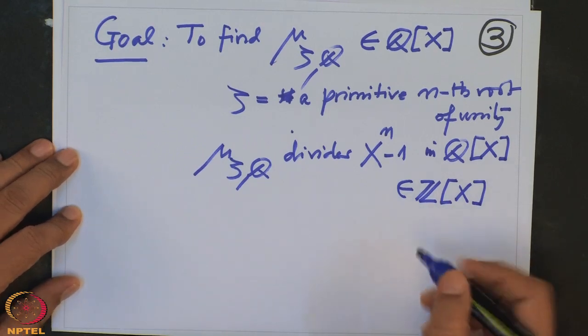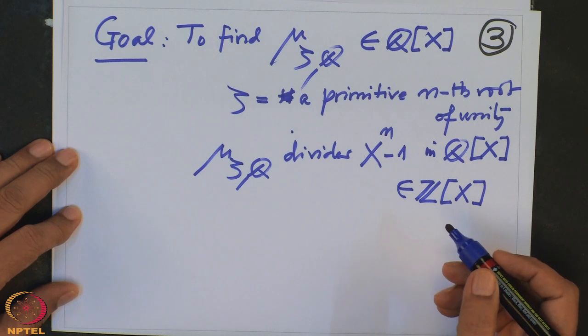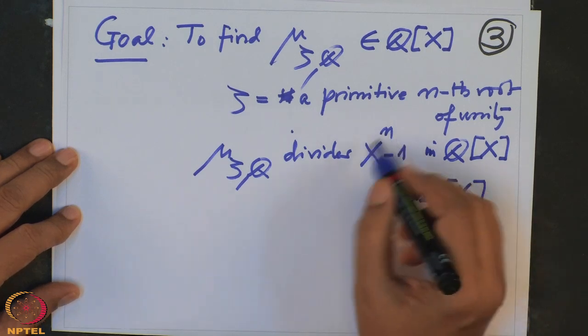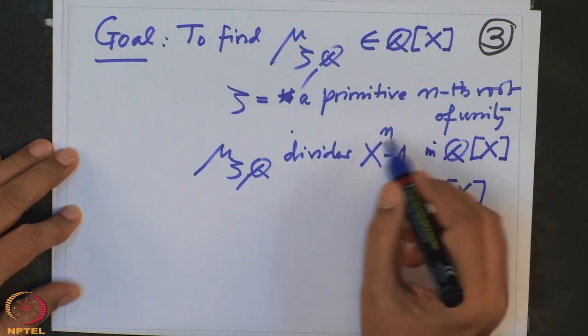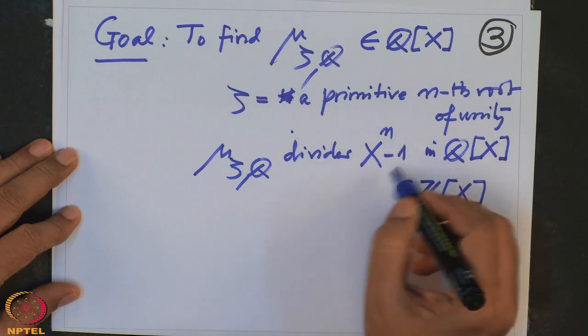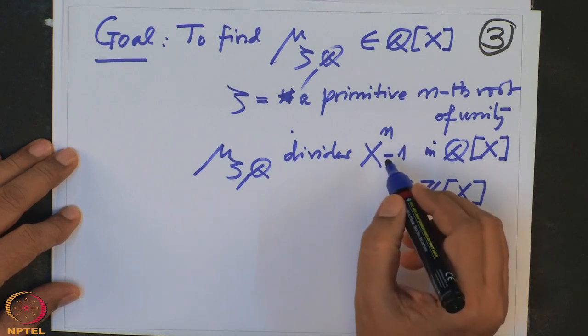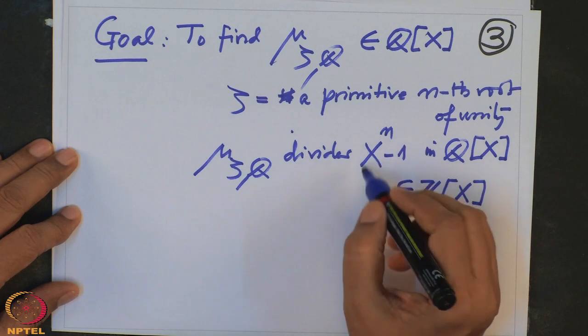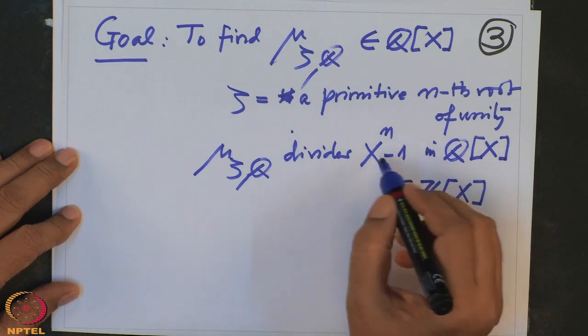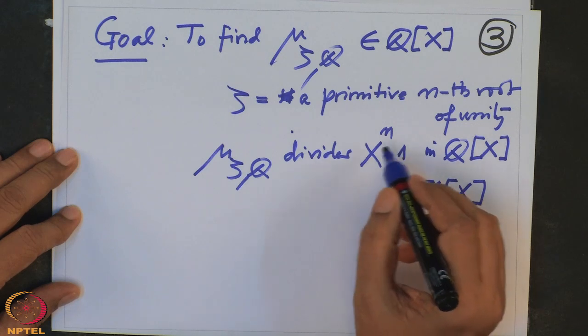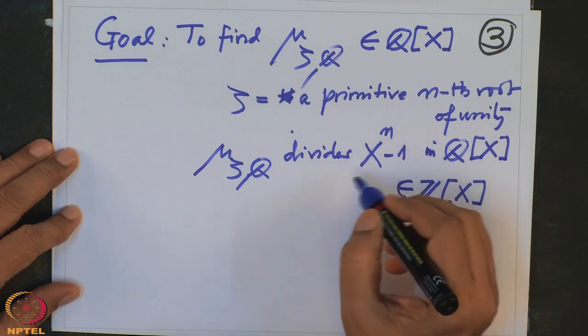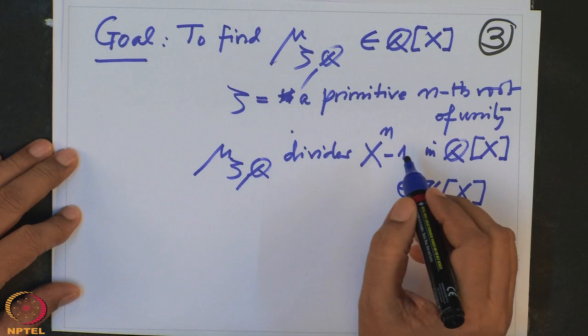So we want to find the prime decomposition of this polynomial, and only one of its prime divisors is the one we want. First of all, the prime divisors will have multiplicity 1 only, because this polynomial has distinct roots, so no prime divisor will repeat.